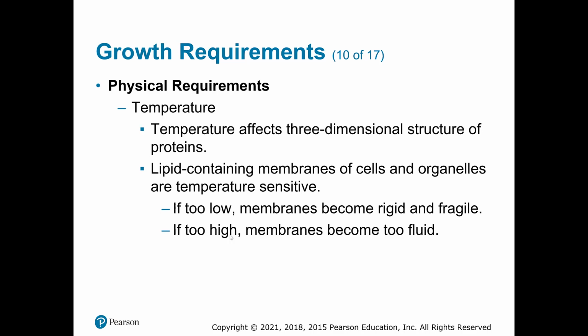Our cells have a very distinct and unique optimal temperature range for growth. Bacterial cells have their own optimal temperature range for their growth, and it has to do with what temperature our proteins and enzymes can tolerate. And depending on what type of bacteria you are, that range can differ.